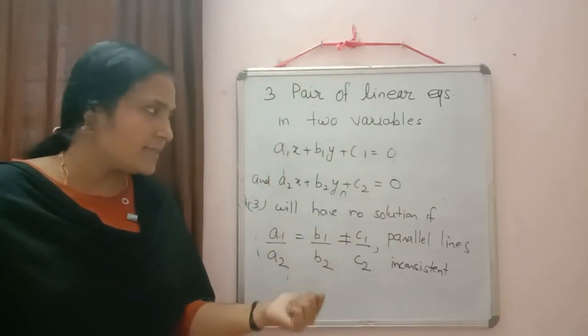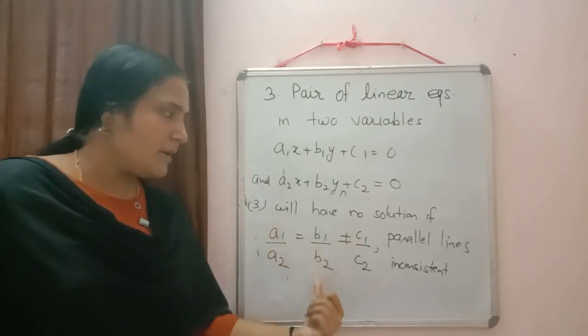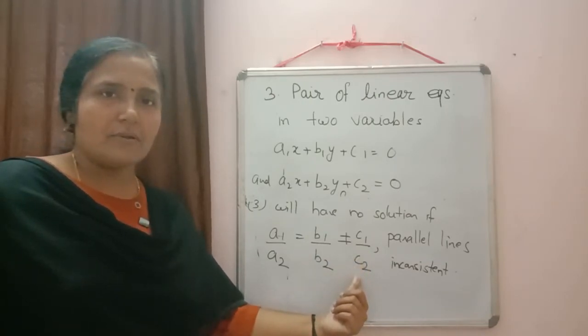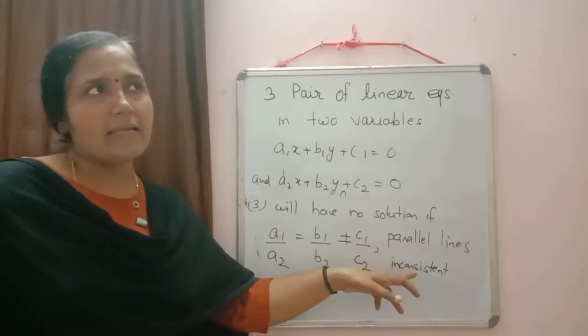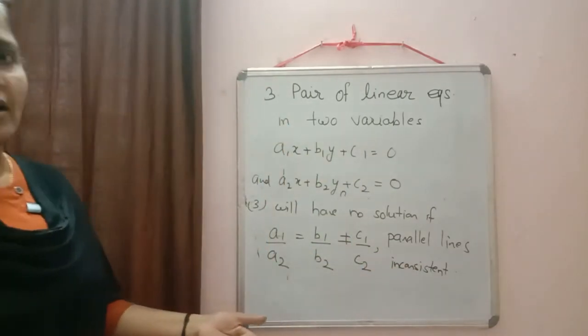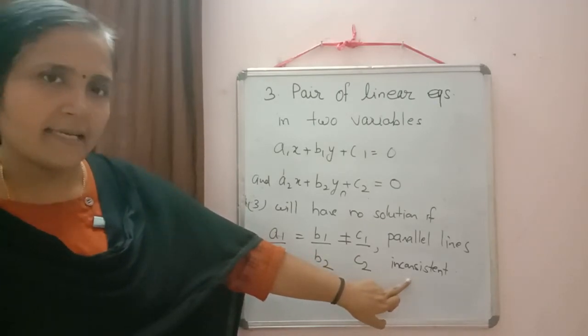Third, no solution when a1 by a2 equal to b1 by b2 not equal to c1 by c2. The lines will be parallel, so they will never intersect each other, and we cannot find a particular solution. So the system of equations is inconsistent.